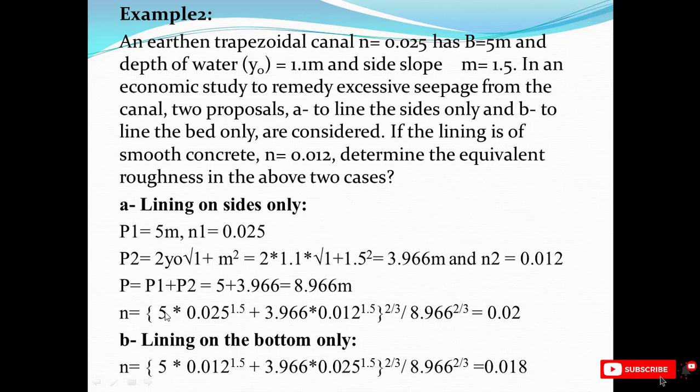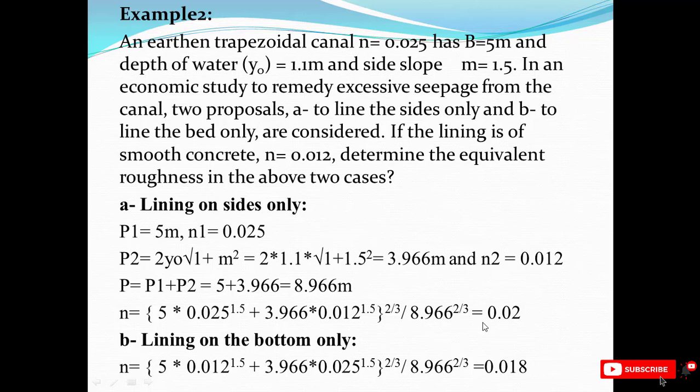So P1 plus P2. We said that the summation of P times n to the power 3/2, that is P1 n1 and P2 n2 to the power 3/2, all to the power 2/3, over the summation of P to the power 2/3, gives the equivalent n. In this case it is 0.02.